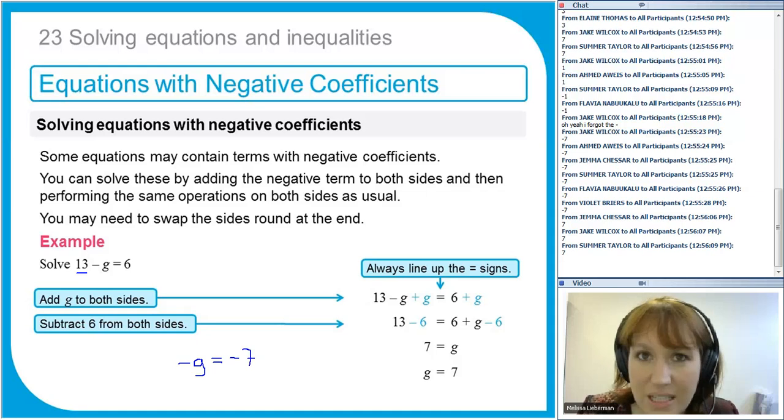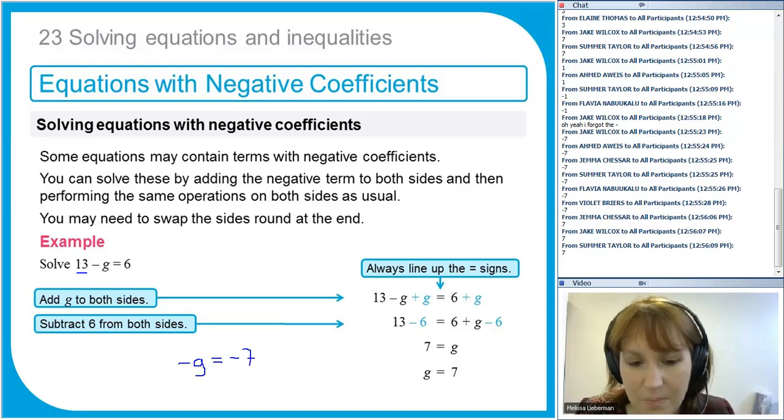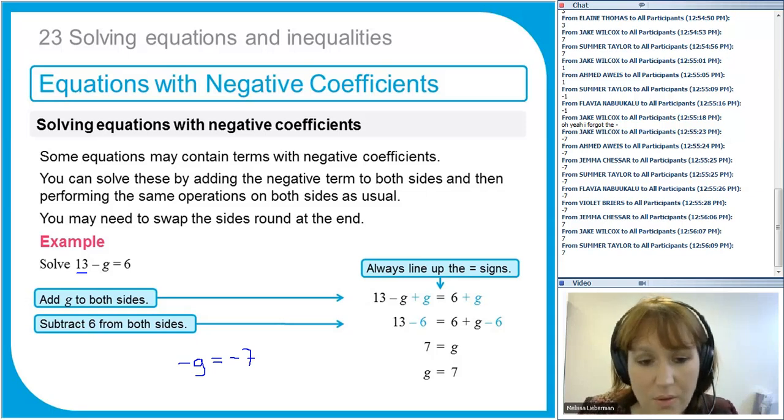So I've got minus g equals minus 7. So to get the g on its own, I need to multiply both sides by minus 1. So all I do is change the sign. So minus g times minus 1 is just g. And then minus 7 times minus 1 is just 7.